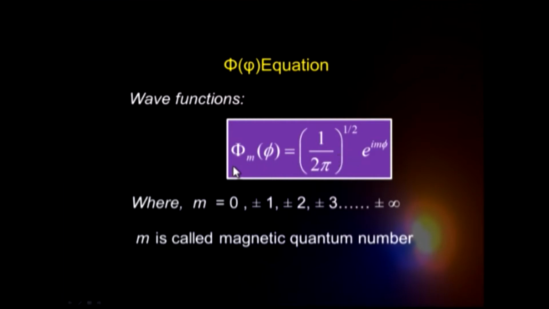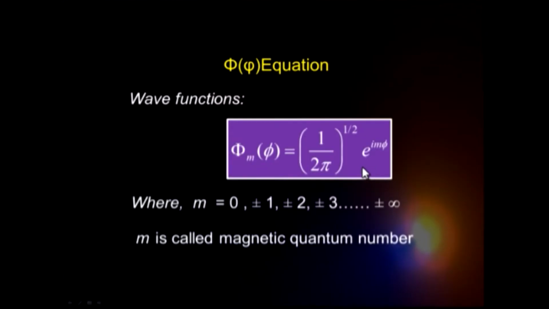What we are interested in is the meaning of this. The meaning is that I am getting a series of functions, that means a series of solutions. That means there are an infinite number of solutions for which this equation is valid. How do we say that? Because we have a parameter called m, which is a quantum number, and m has a value of 0, plus minus 1, plus minus 2, plus minus 3, up to plus minus infinity.